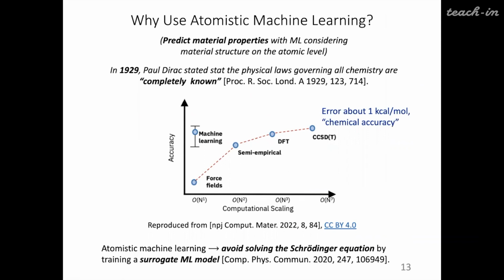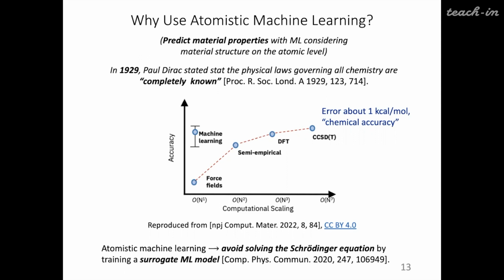So we would like to predict materials' properties accurately by knowing material structure on the atomic level, and basically if we can emulate physical laws governing all chemistry, we would get a perfect machine learning model.